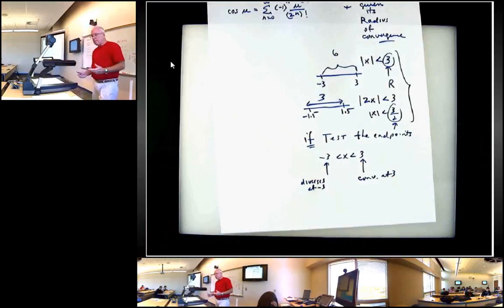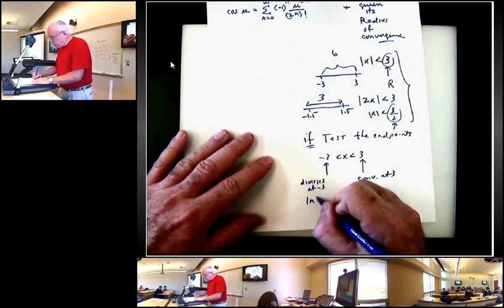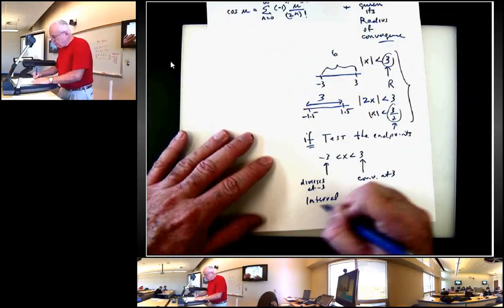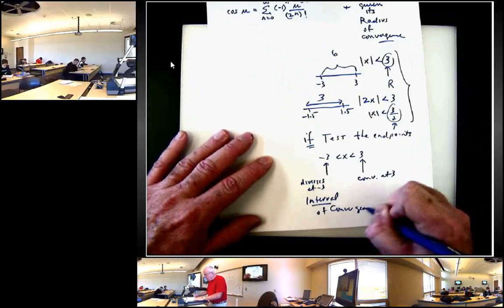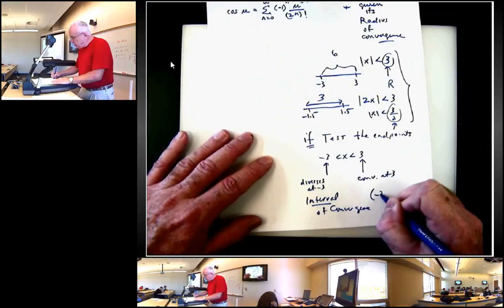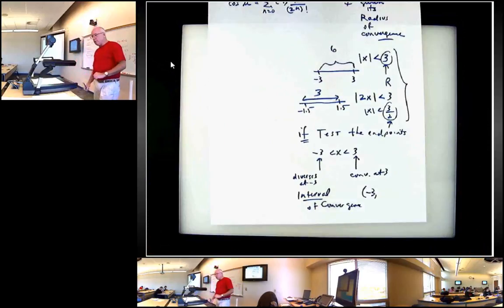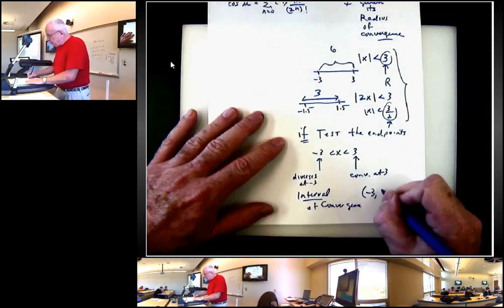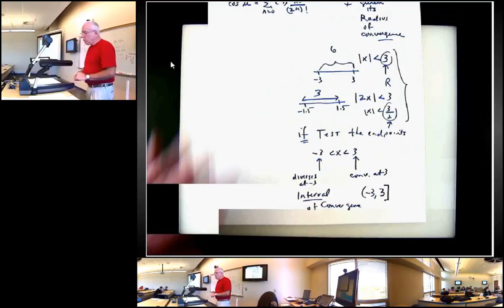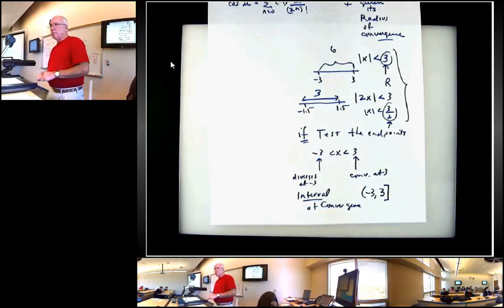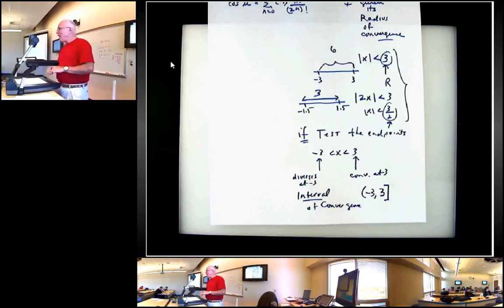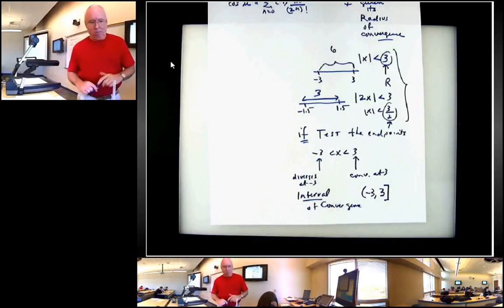So therefore, our interval of convergence would not include the -3 because it doesn't converge there. In interval notation, it's (-3, 3], with a bracket by the 3. Okay. Does that help?